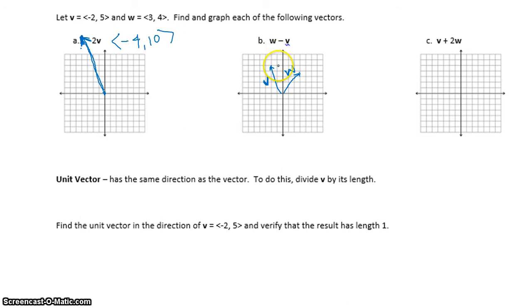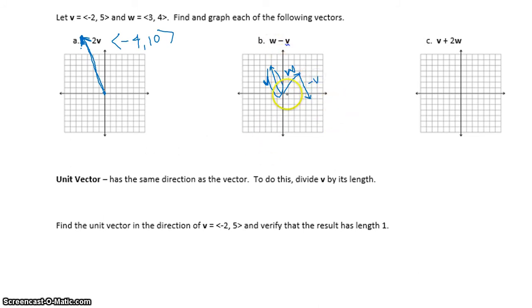W minus v means I'm going to take W, and then I'm going to put this v over here going in the opposite direction. So right 2, down 5. So this would be my negative v.